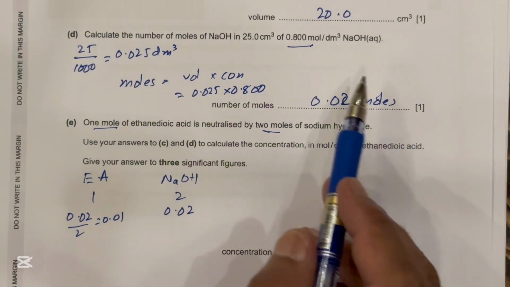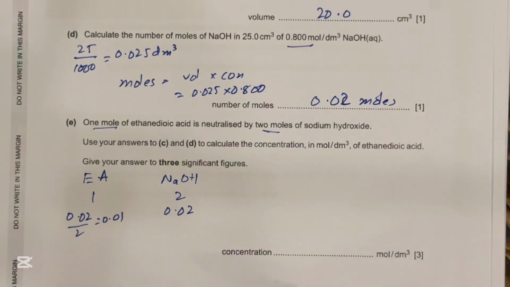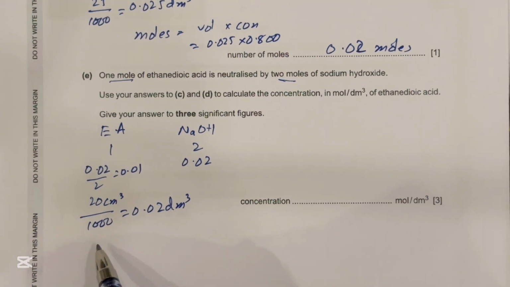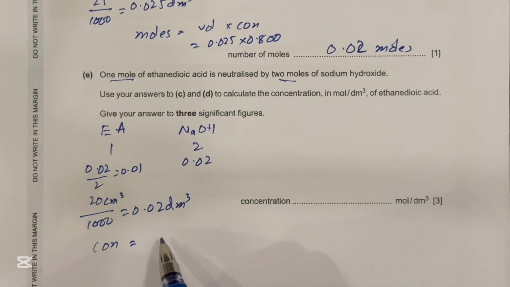Now in part C, we calculated the volume of it. The volume is 20 cm³. We need to convert it by dividing by 1000 to get our answer in dm³, which is 0.02 dm³. Now we have the moles and volume, so we can find the concentration: moles divided by volume.